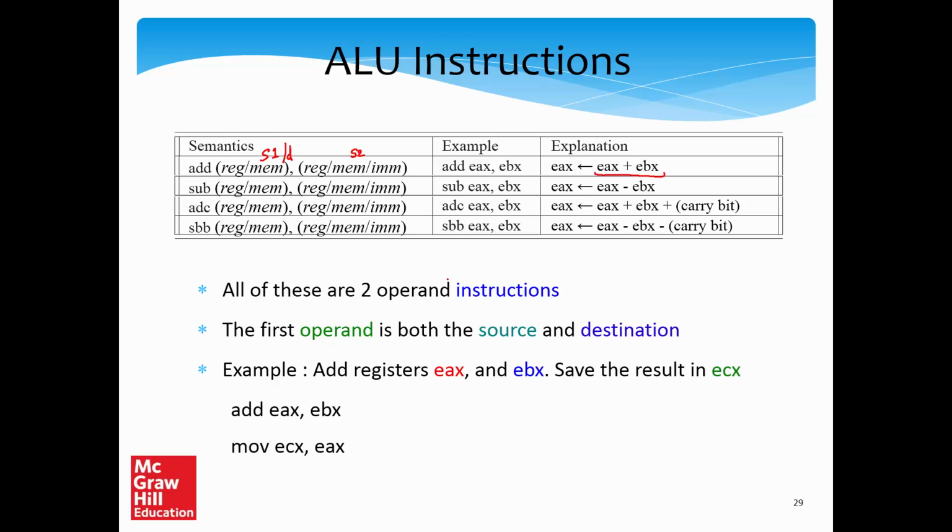That's the first rule that we talked about. And also the second rule is that the first operand is a source as well as a destination. So the subtract instruction is similar, it's add and sub. So the names are also similar. And so here also we set EAX equal to EAX minus EBX.